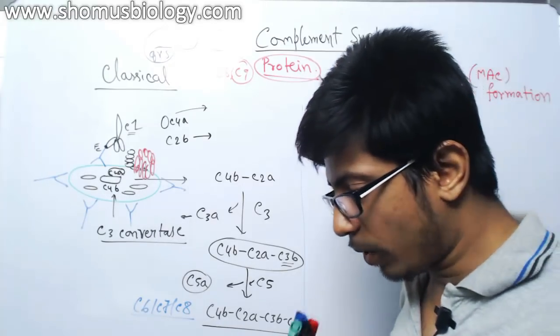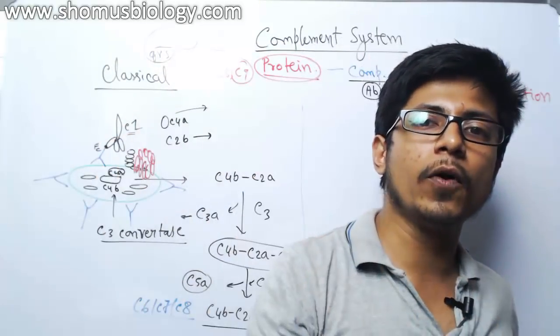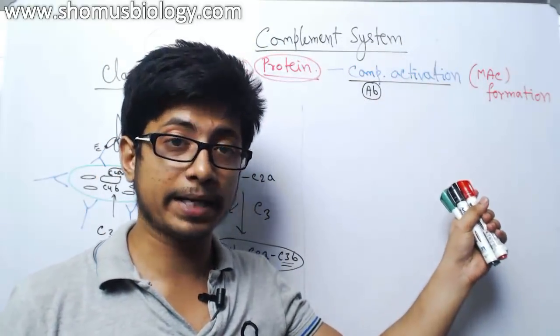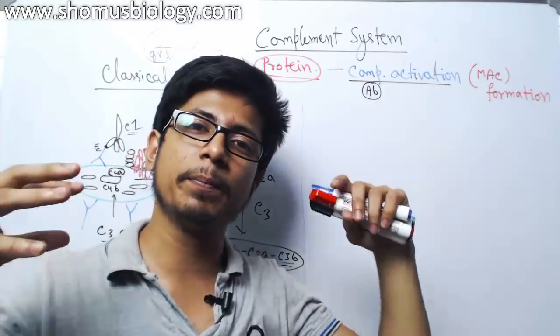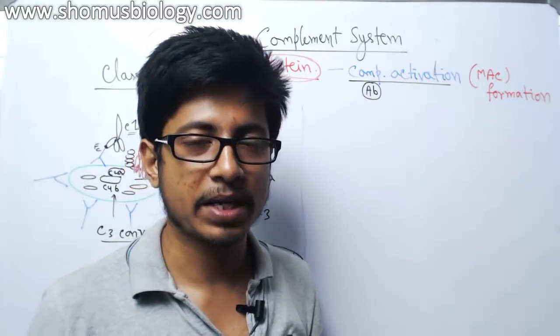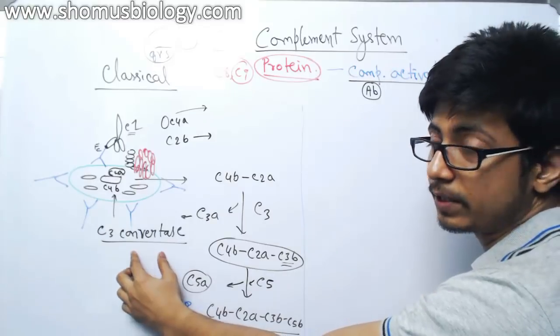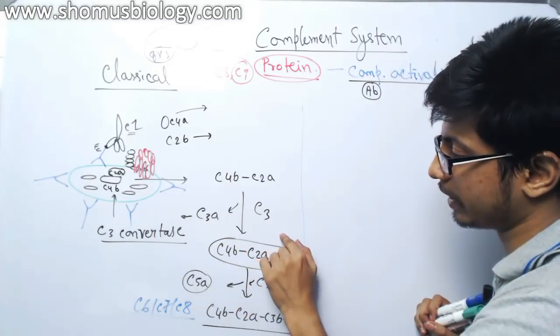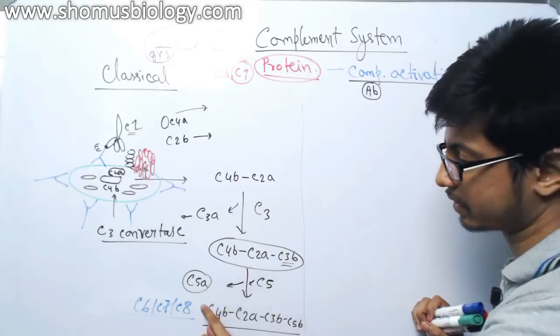Remember I told you, whatever type of complement system you are looking at, ultimately they are looking to form the membrane attack complex, because if they form it, it will punch a hole in the bacterial cell and the cell will die. Here in the classical pathway, first C3 convertase is activated. It will activate C5 convertase, which will convert C5 into the more complex.